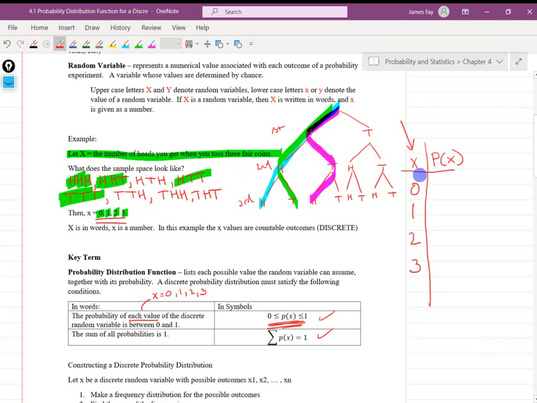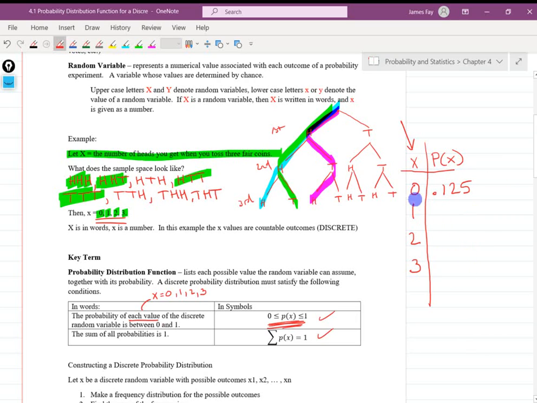And now we just determine, okay, of these 8, how many of those had 0 heads? There's just the 1 out of 8, right? Usually, and it's not always, but usually we like to write our probability distribution functions with decimals. So 0.125 would be that probability.